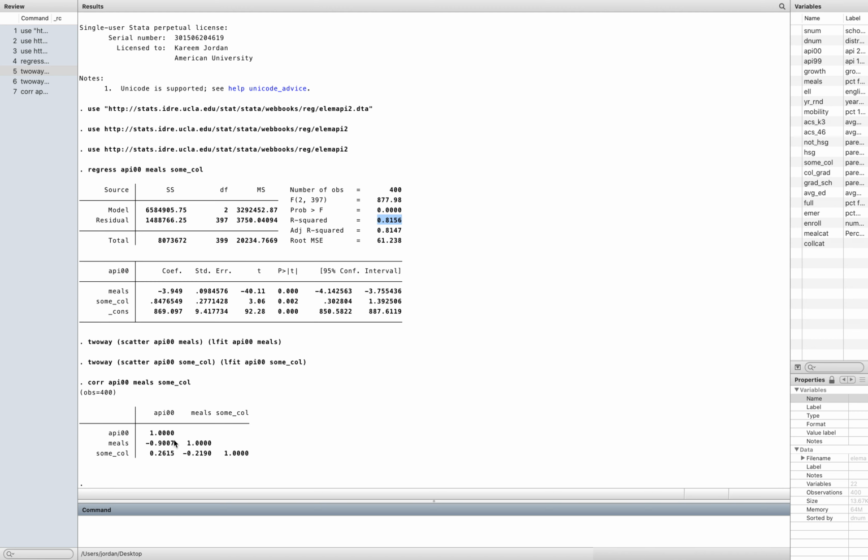So what this tells you, ignore the ones because here you're just correlating each predictor with itself, or each factor in the model with itself. So API 00 correlated with API 00 is 1 because it's the same thing. Meals 1, some college 1. So that's not a big deal. So correlation goes from -1 to 1. 0 means there's no correlation.